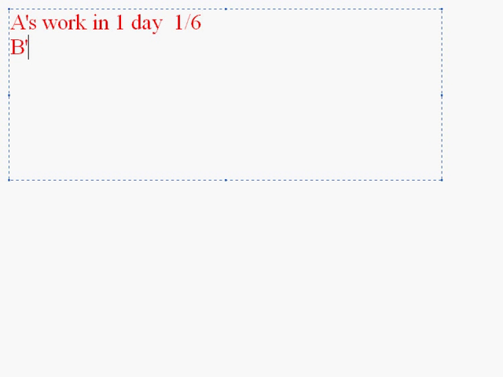In a similar way, B's work in 1 day will be equal to 1 upon 8, because B took 8 days to complete the whole work, right?